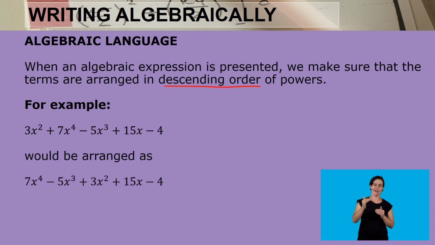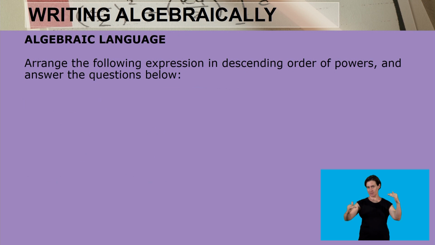So we're going to start with 7x exponent 4, then minus 5x cubed plus the 3x squared plus the 15 minus the 4. And that is how we would arrange our algebraic expression in the correct order or in descending order of powers.